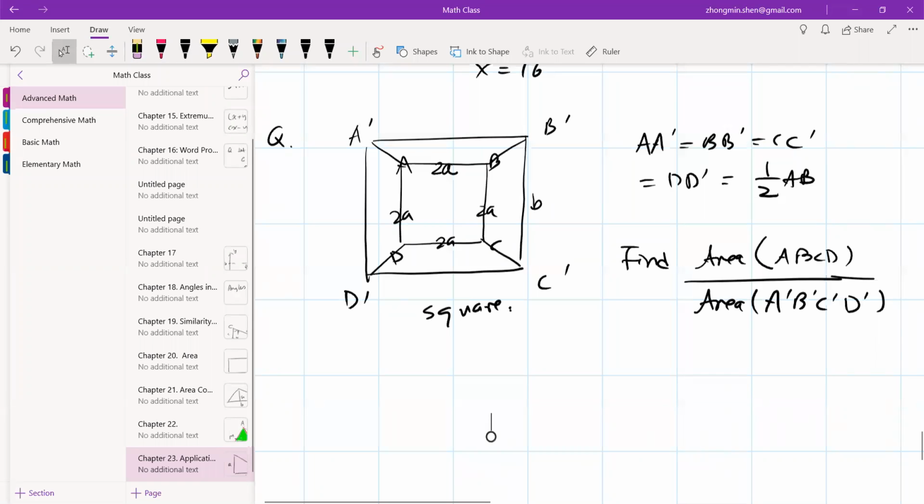So the reason I want to use 2A is because this side I can call A, right? They're all equal to A, and equal to half of that. So can you find the B? Because this will be 2A squared over B squared. Yeah, just 2A is fine.